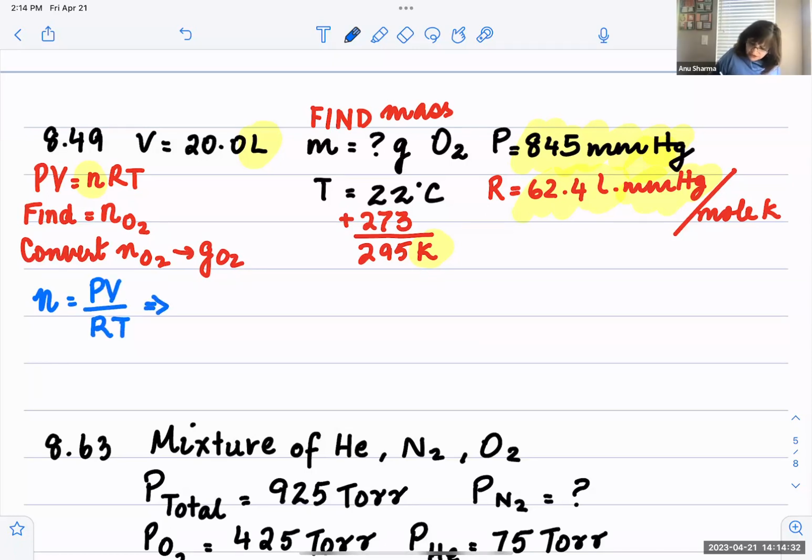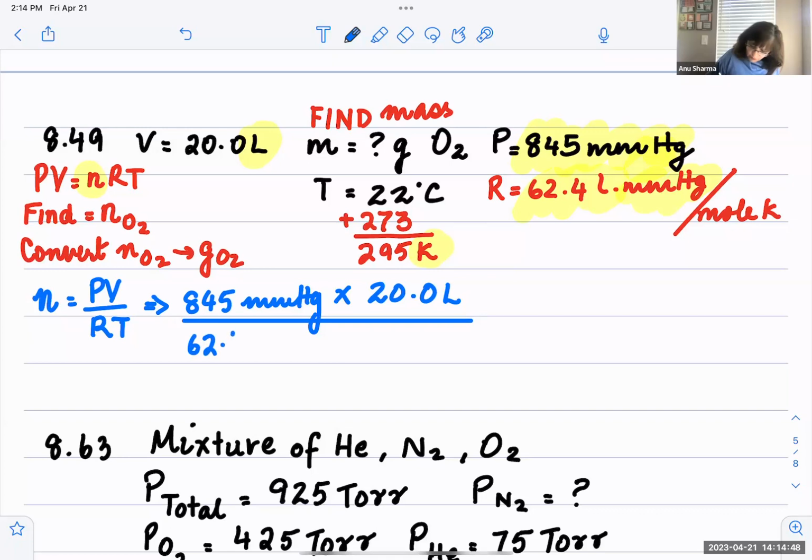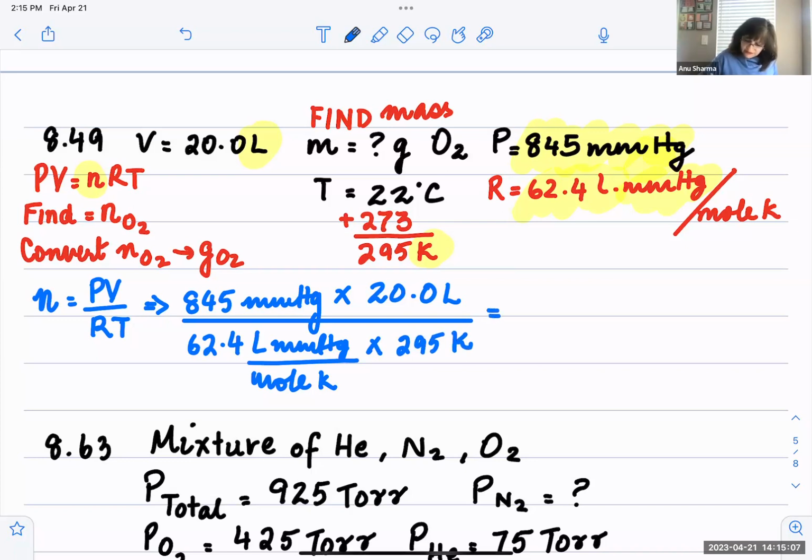Here pressure is 845 millimeters of mercury, times the volume, 20.0 liters, over the value of R, which is 62.4 liters millimeters of mercury per mole K, times the temperature T, 295 K. Here you see the millimeters of mercury cancel out, liters and liters cancel out, K and K cancel out, and we are just left with the unit of moles.